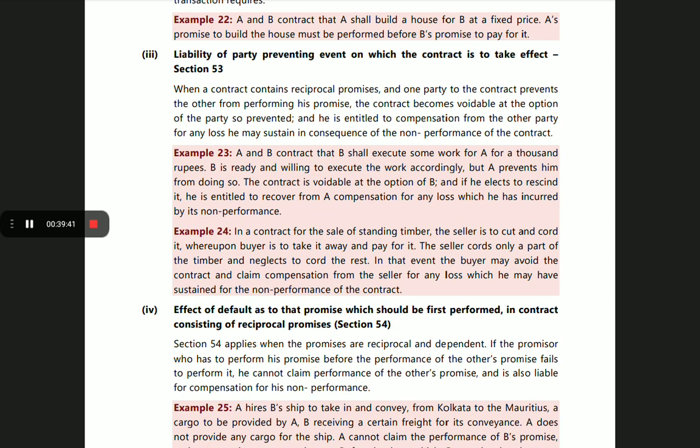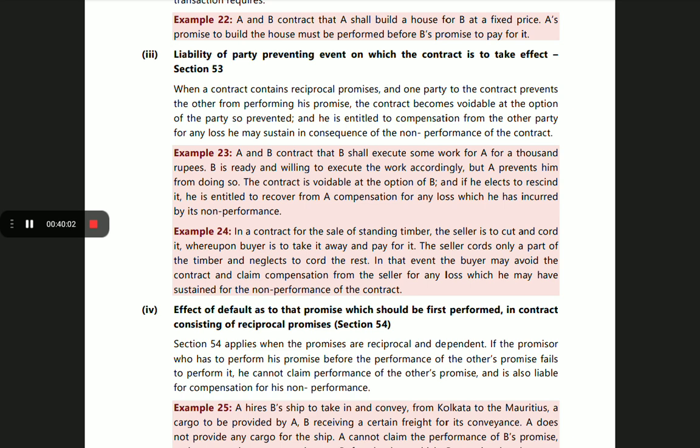Example: in a contract for the sale of standing timber, the seller is to cut and cord it, whereupon the buyer is to take it away and pay for it.